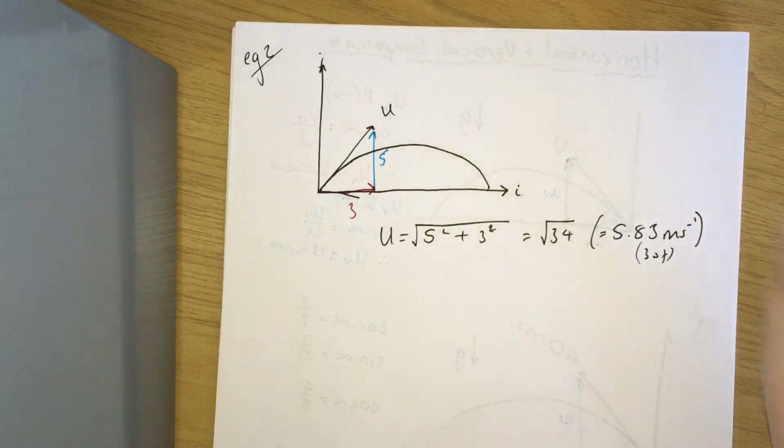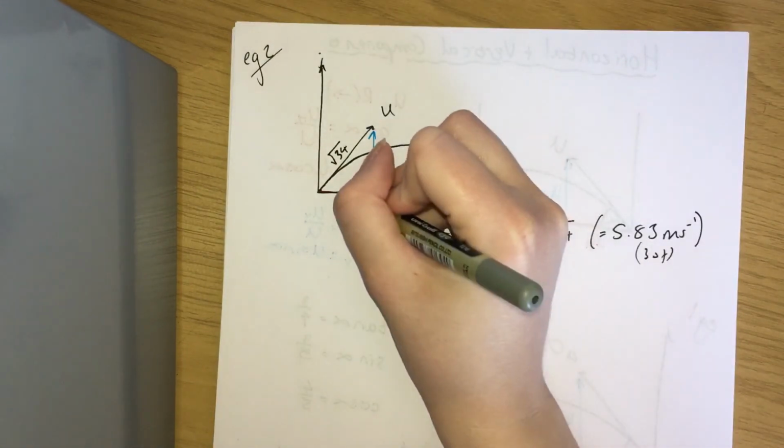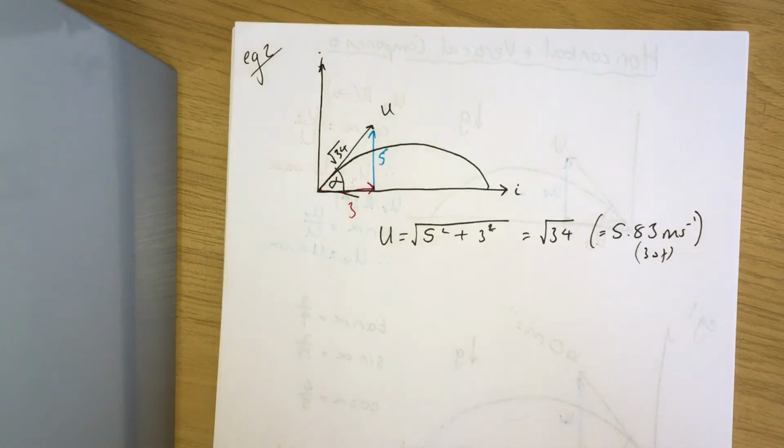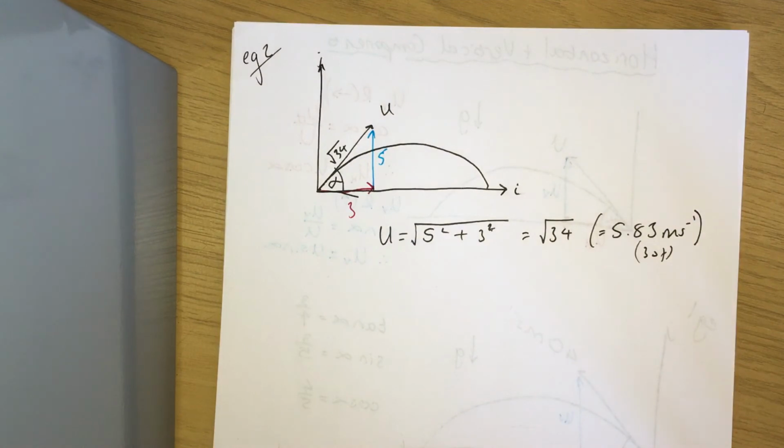Now we have information about the initial velocity and its component parts, we can find our angle. Doesn't matter which of these we use. I will generally always use sine, simply because if I've got a choice, I tend to use sine first. I don't really know why.